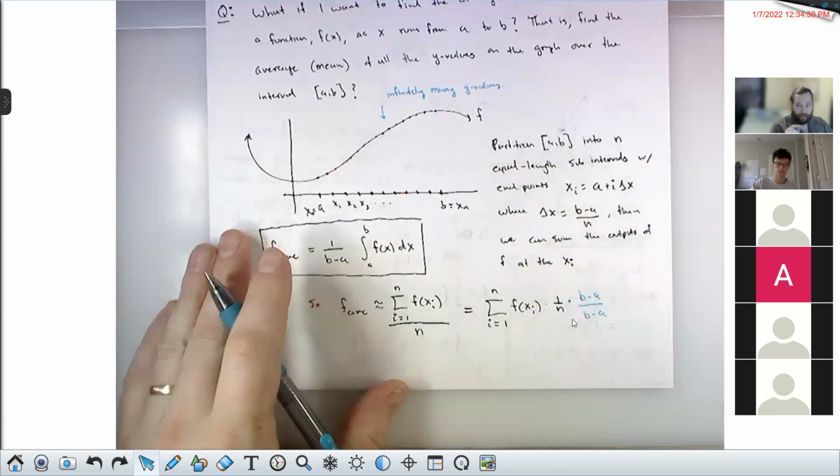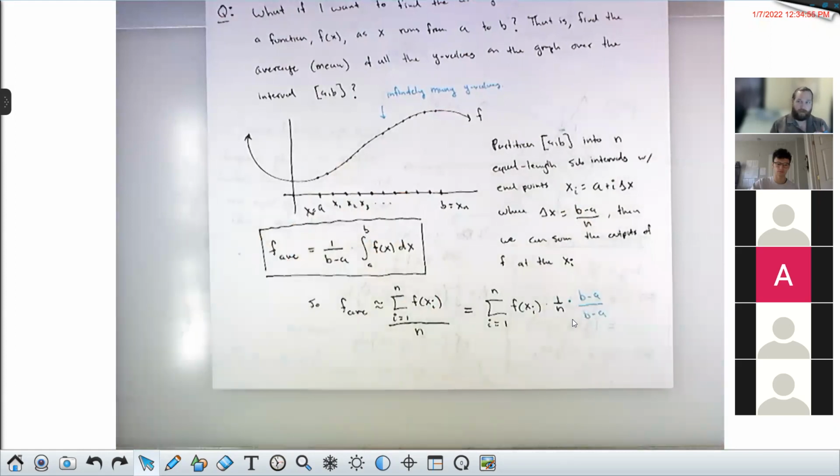The reason we're going to do that is because of your Riemann sum formula for the definition of the integral. Your delta x in your Riemann sum is (b minus a) over n.